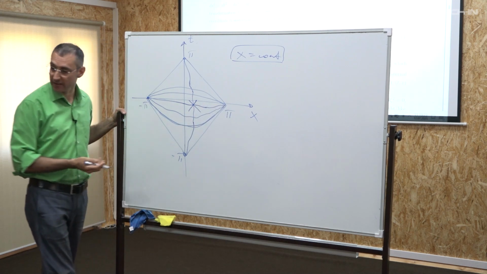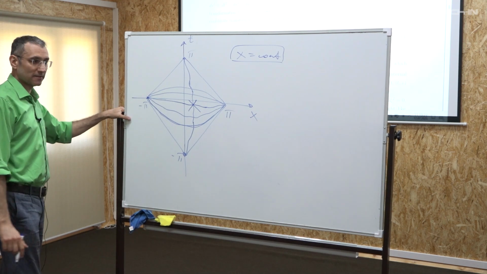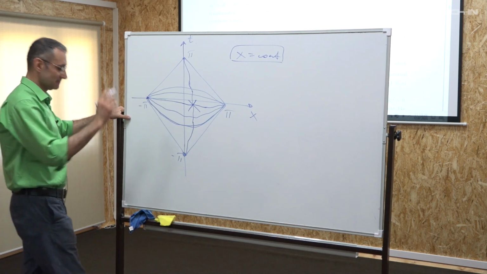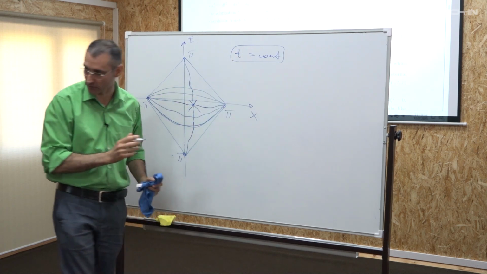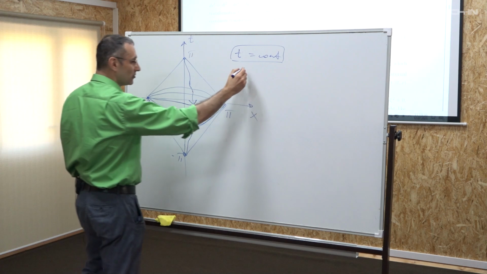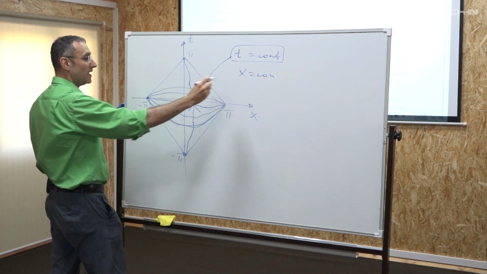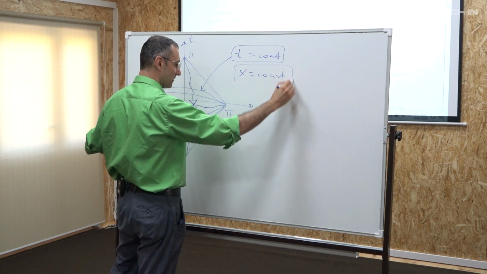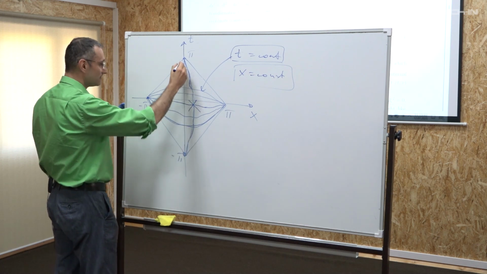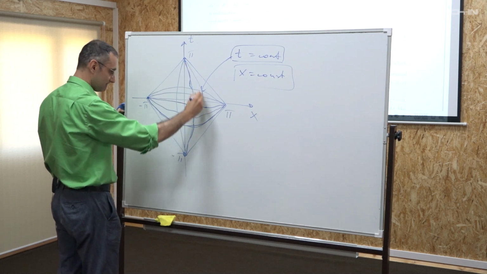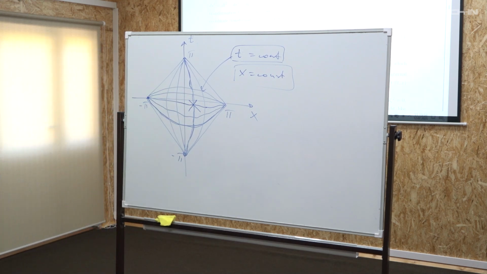On this line, X will remain constant. Sorry, it's T constant lines. Cauchy surface is T constant. X constant lines are like this.